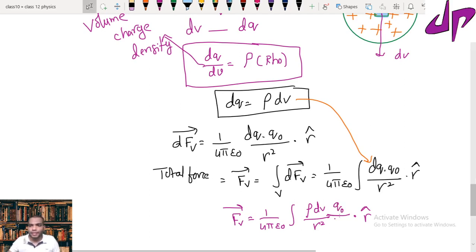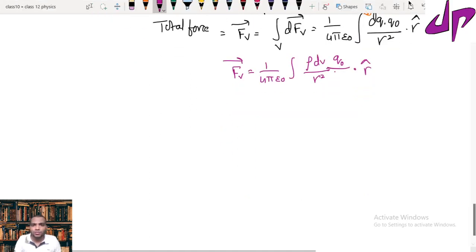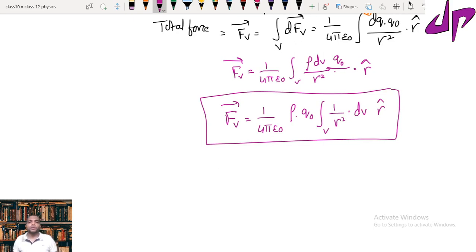Now if we write the constants outside, we can represent it very easily. The total force Fv equals 1 over 4 pi epsilon naught, which is Coulomb's constant, and rho is also a constant and Q naught is also constant. We can pull them out of the integration, times 1 over r square times dV, the volume integral everywhere, times r roof. So this is the electric force or Coulomb force expression at the given point P.